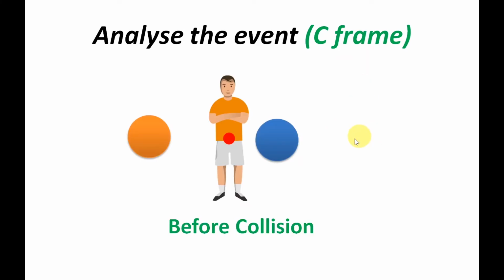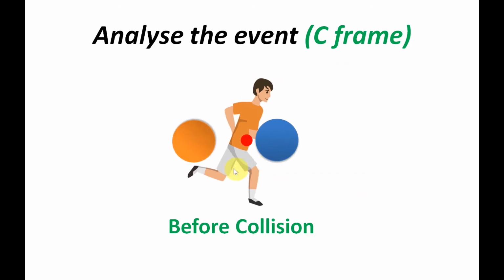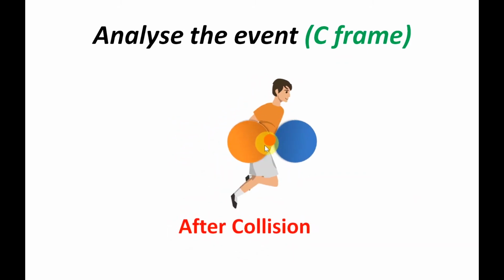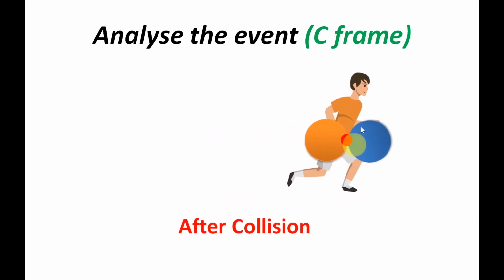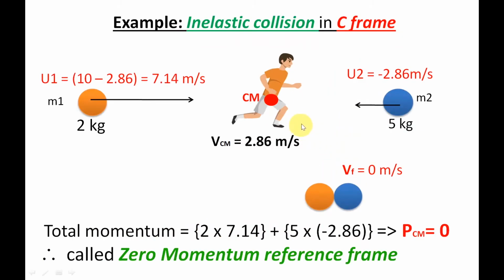So this is the whole collision process as it looks in the center of mass frame of reference. Now let's look at the parameters. According to the laboratory frame observer, the velocity of this particle is 10 meters per second.